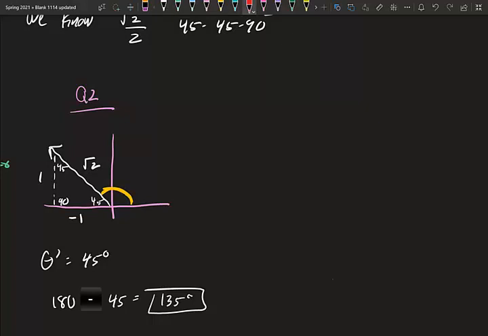How do I remember to do that? Because it's a little weird. Here, that's the reference angle, and that gives me how much is left over to 180. What I'm trying to find is the whole thing.